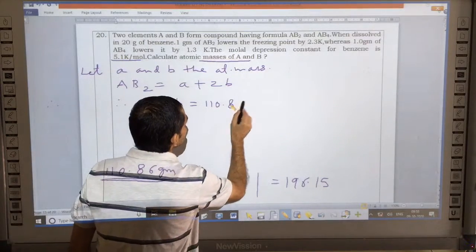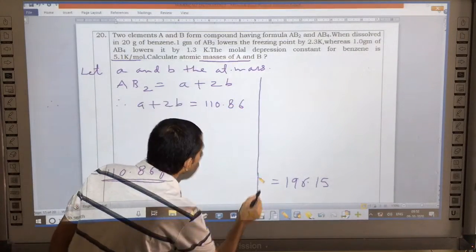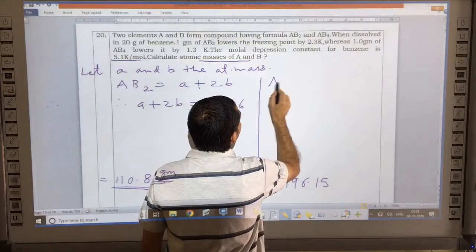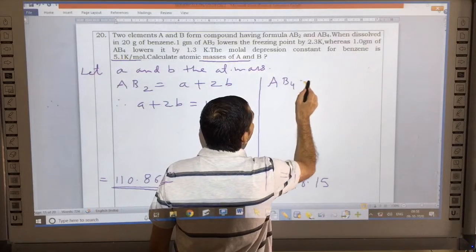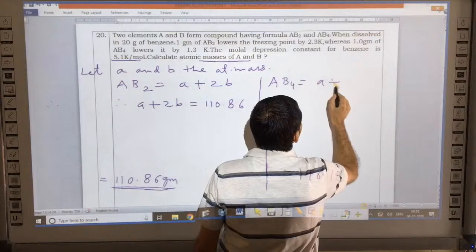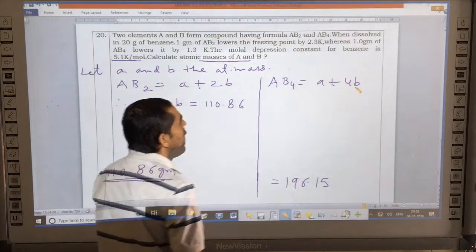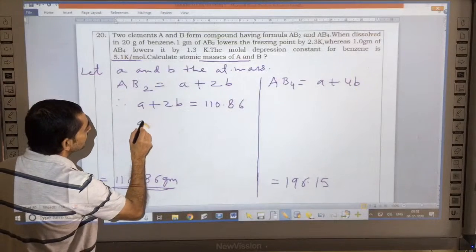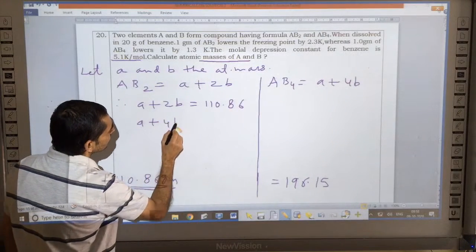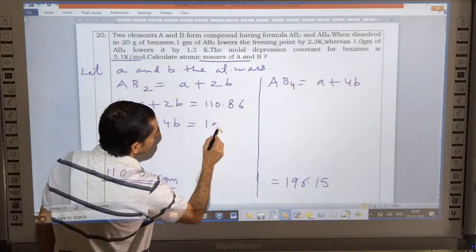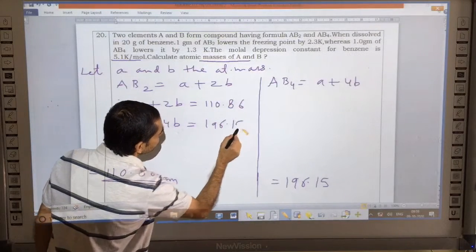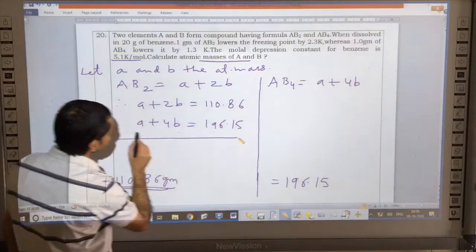What is AB2? 110. Or we can write A plus 2B is equal to 110.86. Similarly, AB4 will be equal to A plus 4B, and we will write this as A plus 4B is equal to 196.15. There are two equations.